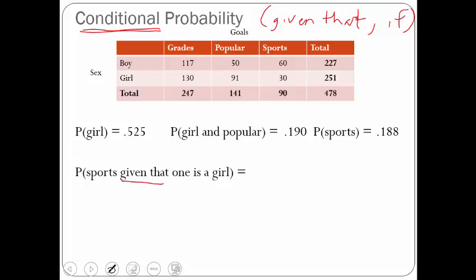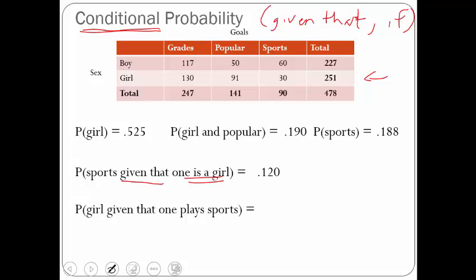Sports, if we know that we picked a girl. So now all of a sudden, we know something. We know that we're picking from girls. So we're just going to focus in on this particular line. So there are 30 girls focused on sports out of the 251 girls. So when we're talking about conditional probabilities, we're going to basically change the denominator.